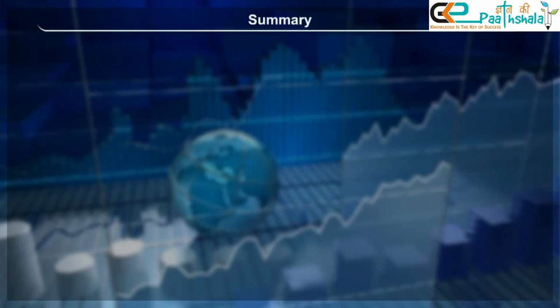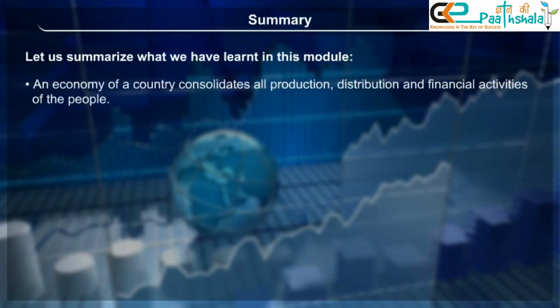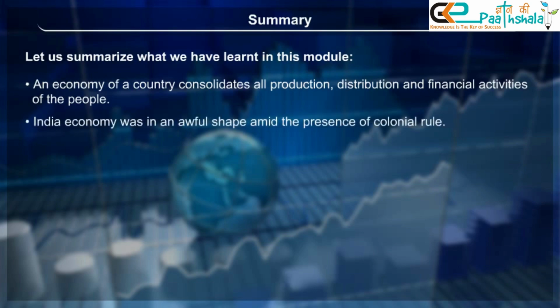Summary. Let us summarize what we have learned in this module. An economy of a country consolidates all production, distribution, and financial activities of the people. India's economy was in an awful shape amid the presence of colonial rule.